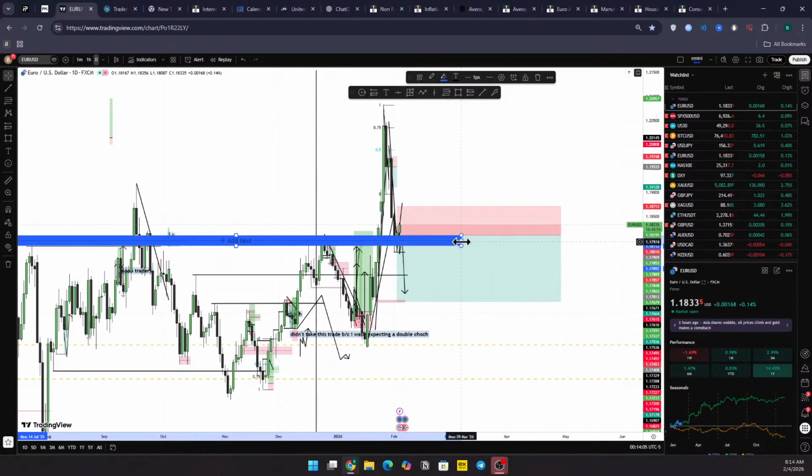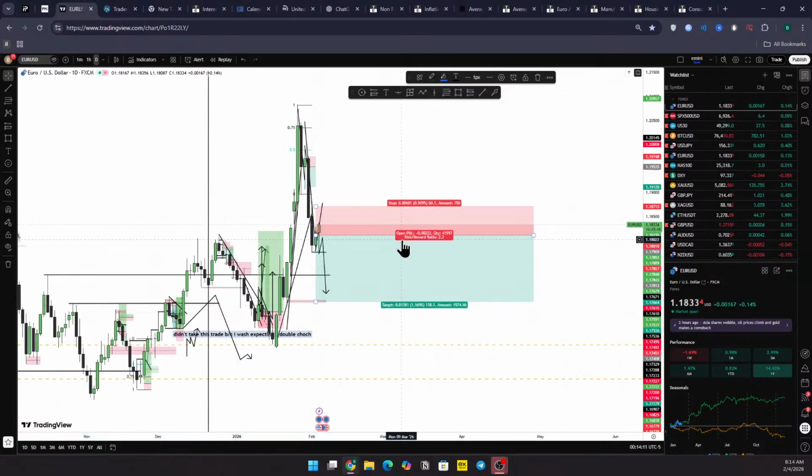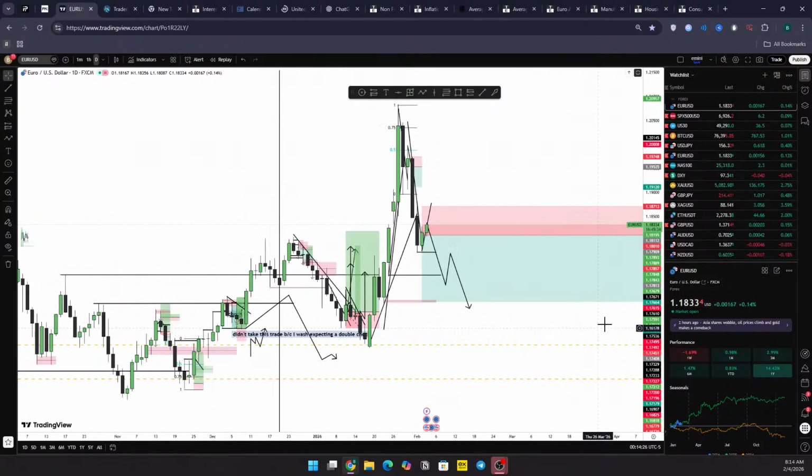But I think this is probably going to be wrong, and my expectation is the market is going to do something like this. It's going to get rid of the support and resistance traders, retrace something like this and go to my TP. This is my expectation, guys. Anything could happen, but this is the most likely one for me.